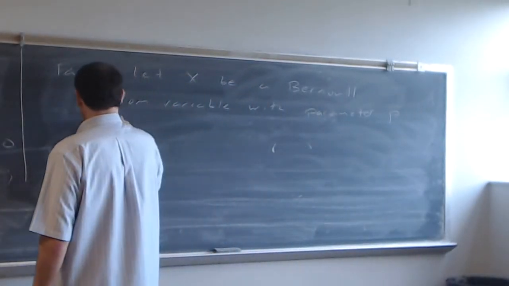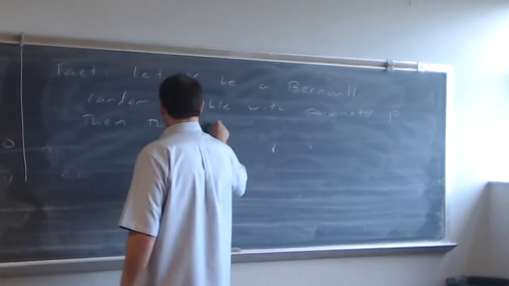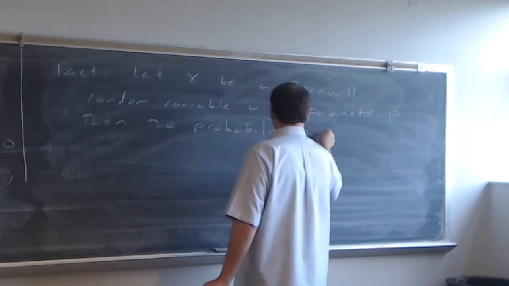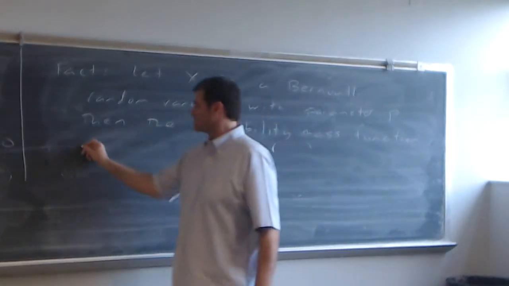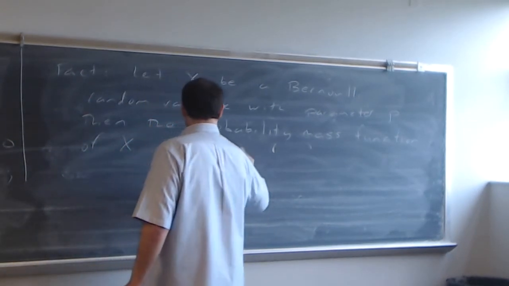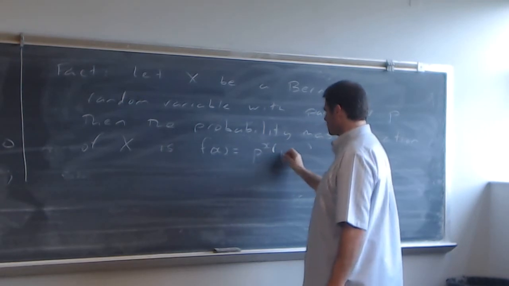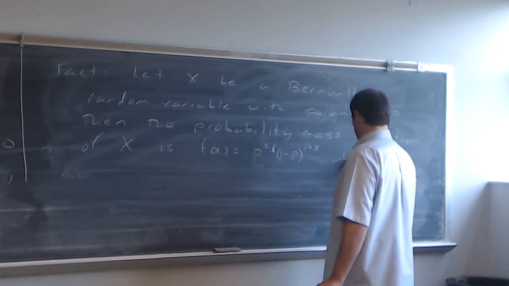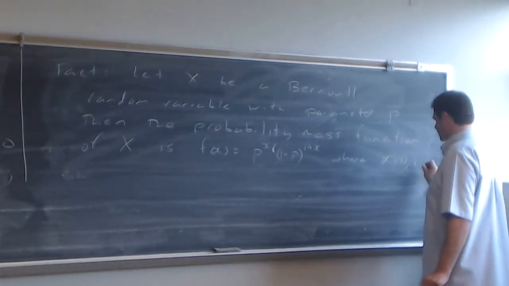Then the probability mass function of X is f of x, and what it's equal to is p to the x times 1 minus p raised to the 1 minus x, where the only output values for x are 0 and 1.